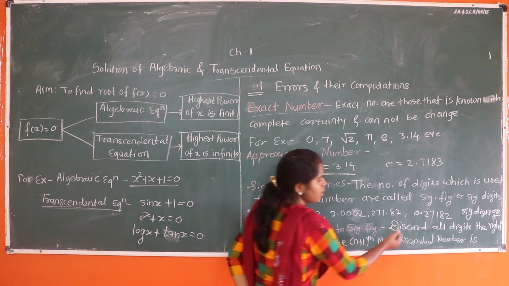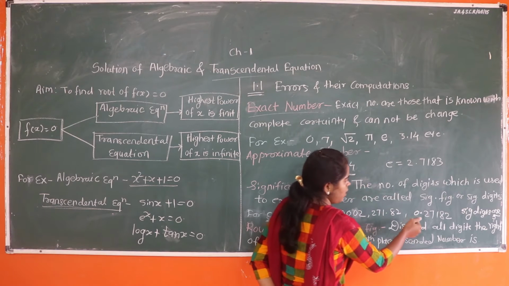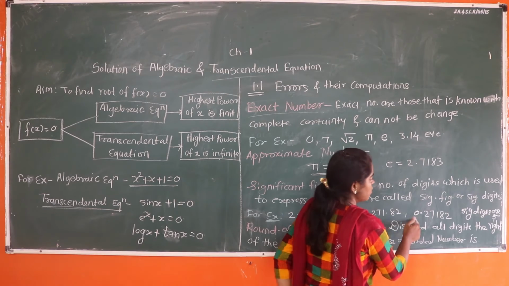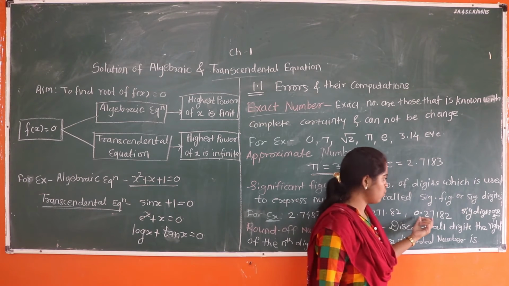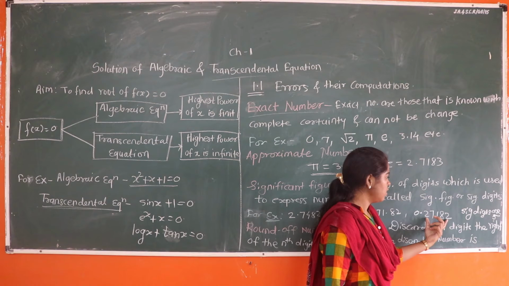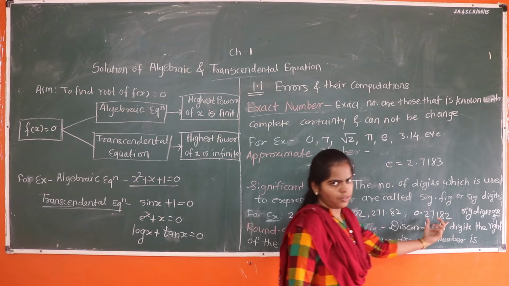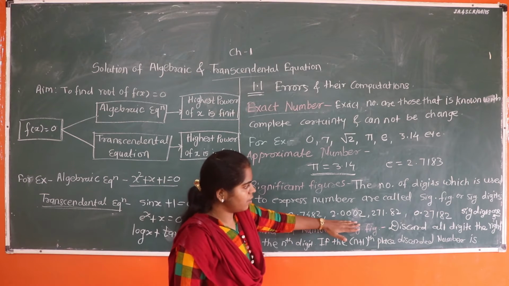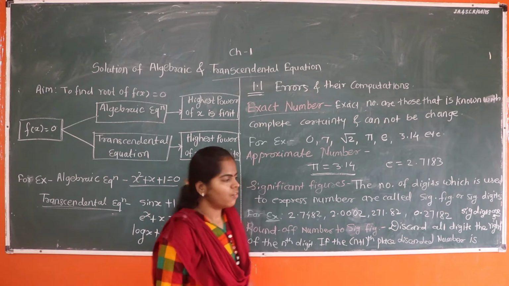But a 0 that comes before the non-zero number is not significant. So we count only the non-zero numbers as significant. So in all these examples, the significant digits are 5.